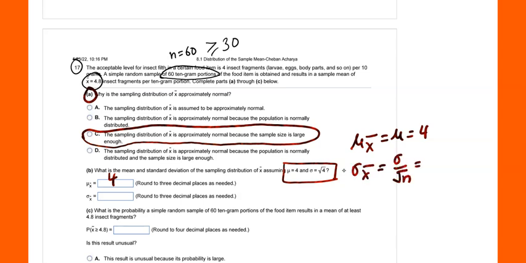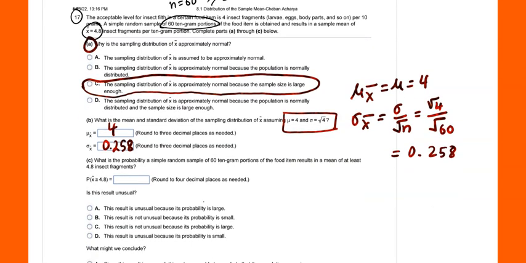That's the formula. Sigma here is square root of 4 divided by square root of n, and n is 60. Use the calculator and round it to 3 decimal places. The answer must be 0.258. That's the sigma x bar.